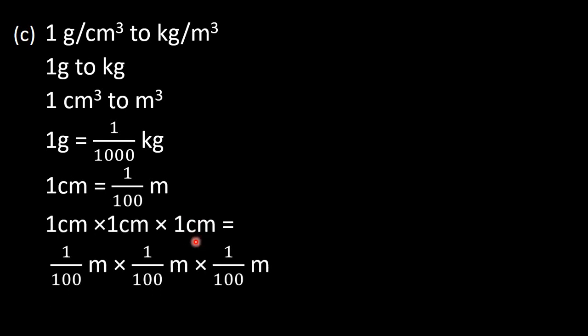And so 1 centimeter times 1 centimeter times 1 centimeter is 1 centimeter cubed, and 1 over 100 meters times 1 over 100 meters times 1 over 100 meters is 1 over 1 million cubic meters, which implies that 1 cubic centimeter is equal to 1 over 1 million cubic meters.